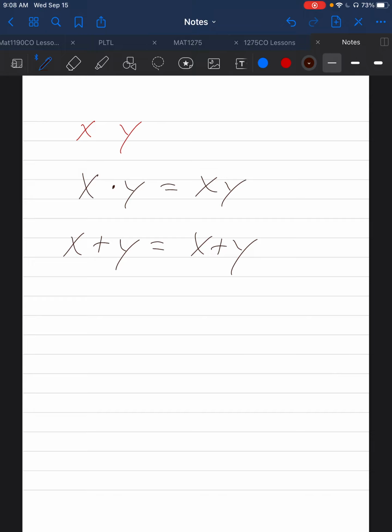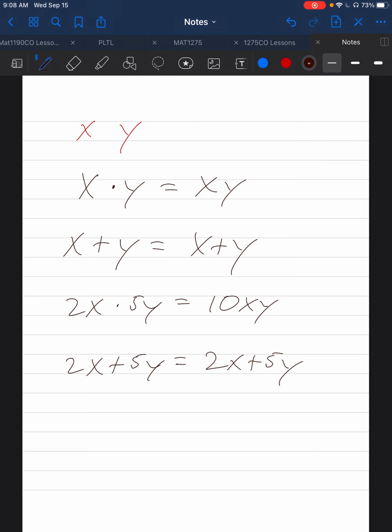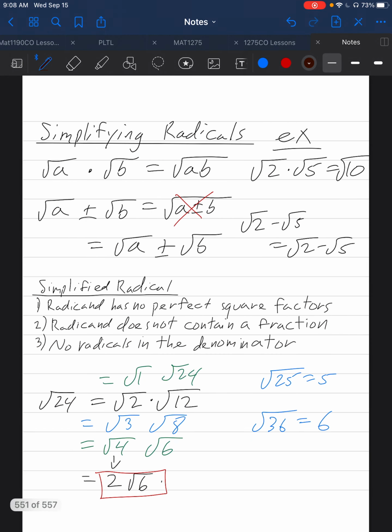If you get 2x times 5y, then you can multiply 2 times 5 and write your variables together like so. But 2x plus 5y is not equal to anything other than 2x plus 5y. So again, just like fractions, we see addition and subtraction being much more restrictive than multiplication and division also.